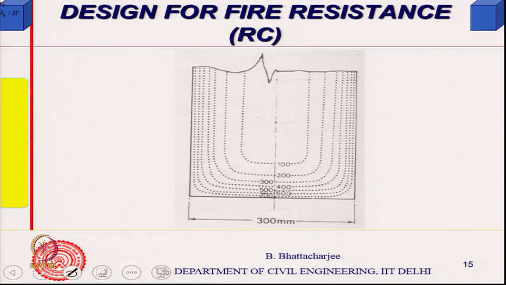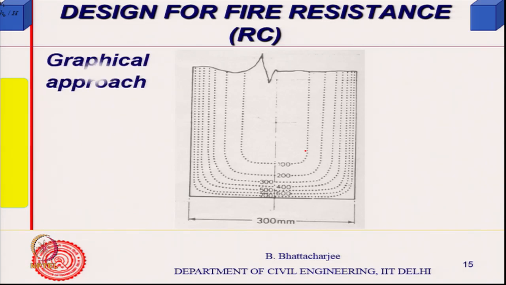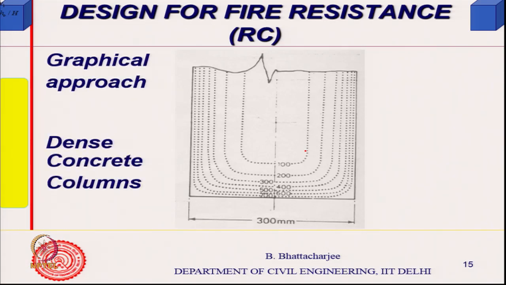For column or beam members, temperature contours are given, for example 100 degrees centigrade, 200 degrees centigrade at a given time. Similar graphs are available for various times.